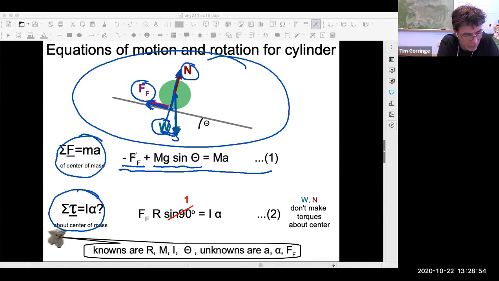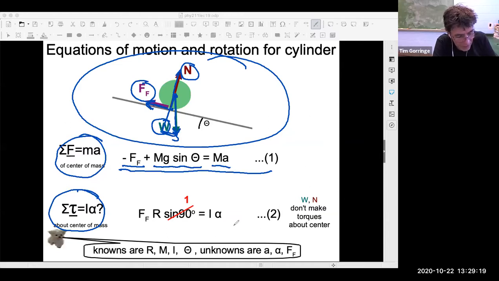And mg sine theta and F, subscript F, those are my notations for the sizes of those forces. And they're in opposite directions. So I called downwards positive, and I called upwards the negative direction. Those are the two forces that add along the incline, and they govern the acceleration through the second law of motion. And so that's our first equation.